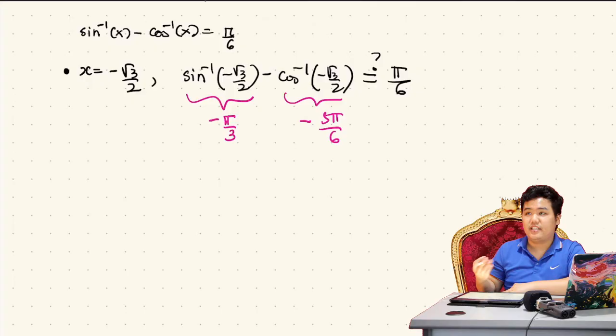Okay. So, negative pi over 3 plus 5 pi over 6 na kasi negative. Is it equal to pi over 6? So, this is 4 pi over 6 and they are not equal.